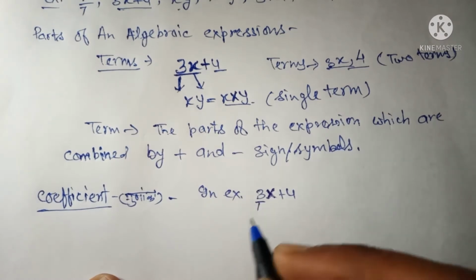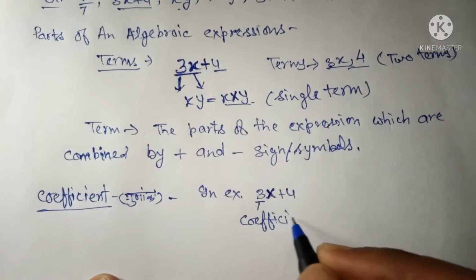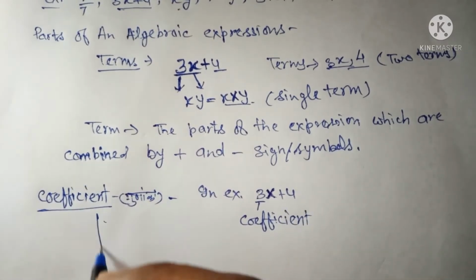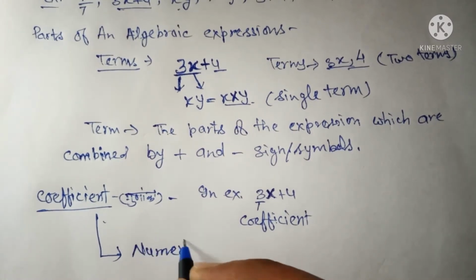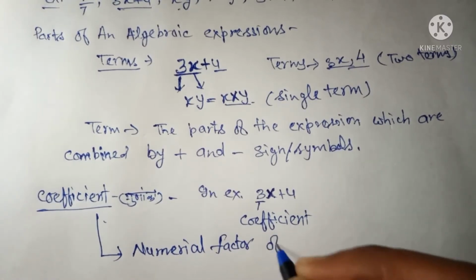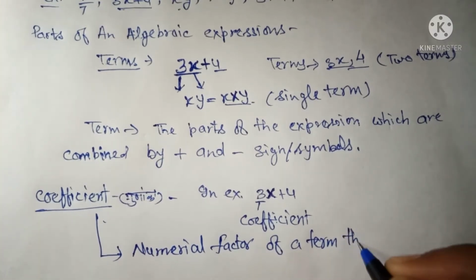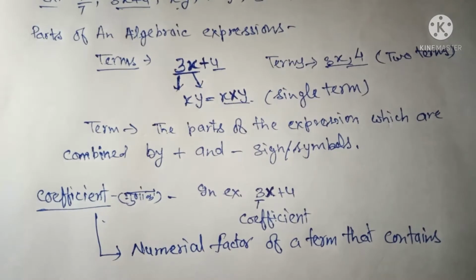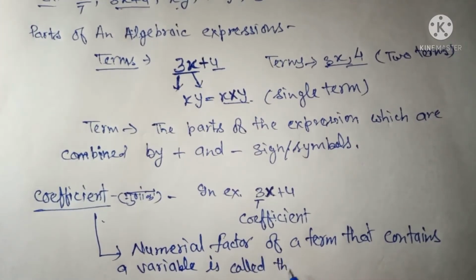So this will be the coefficient. The definition of coefficient: the numerical factor of a term that contains a variable is called the coefficient of that variable.